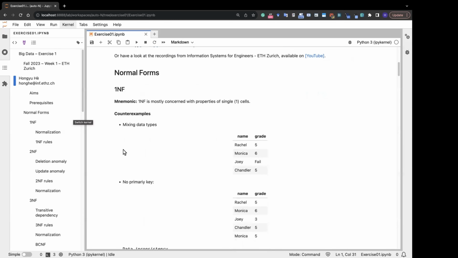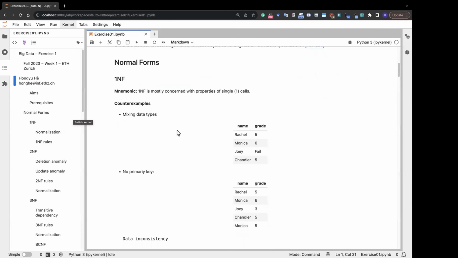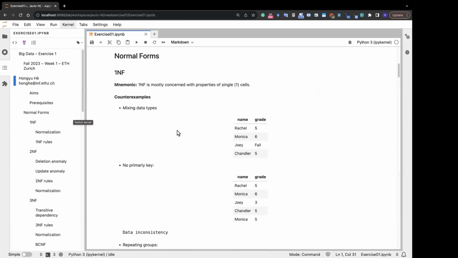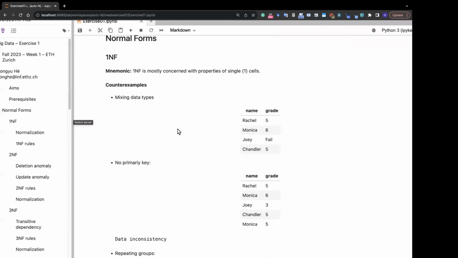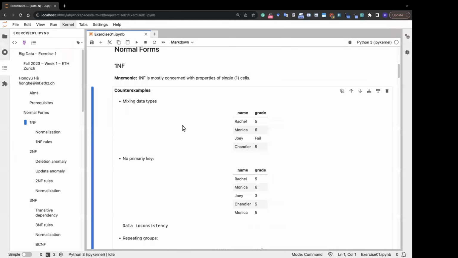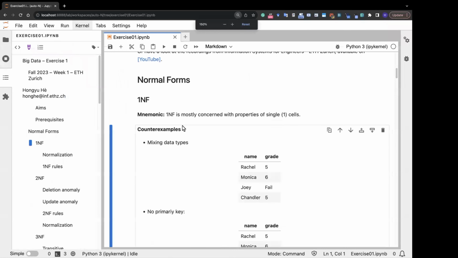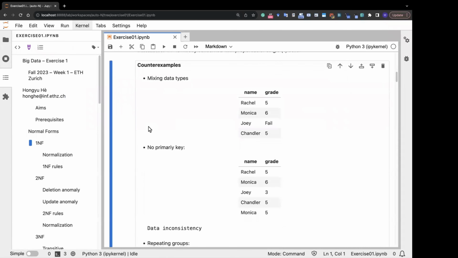The first normal form is concerned mostly with individual cells, which is why it's called first normal form. Here are some counterexamples that violate the normal form.